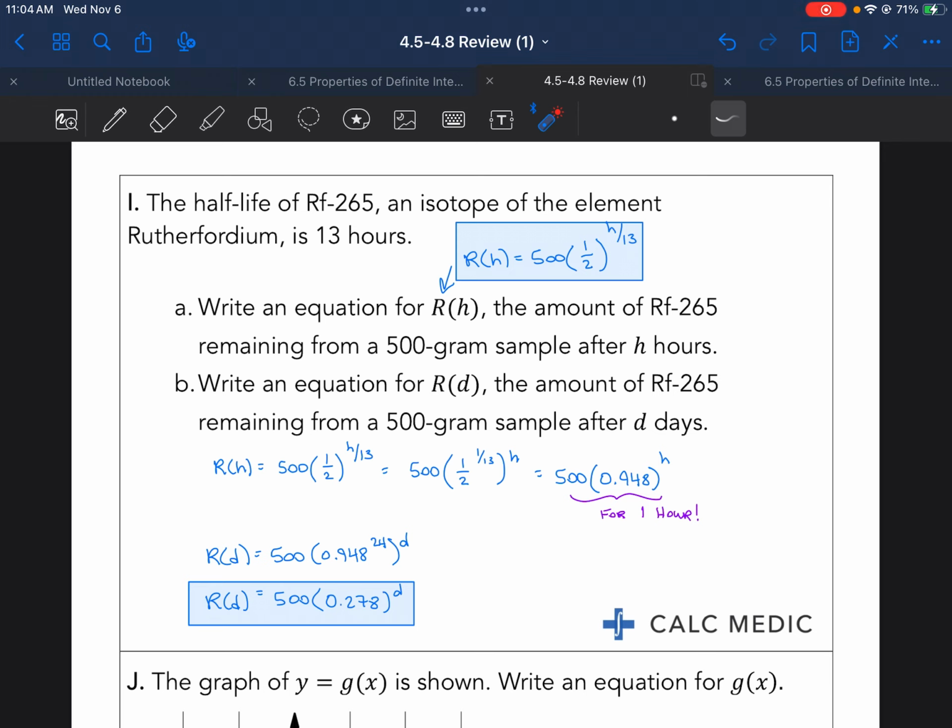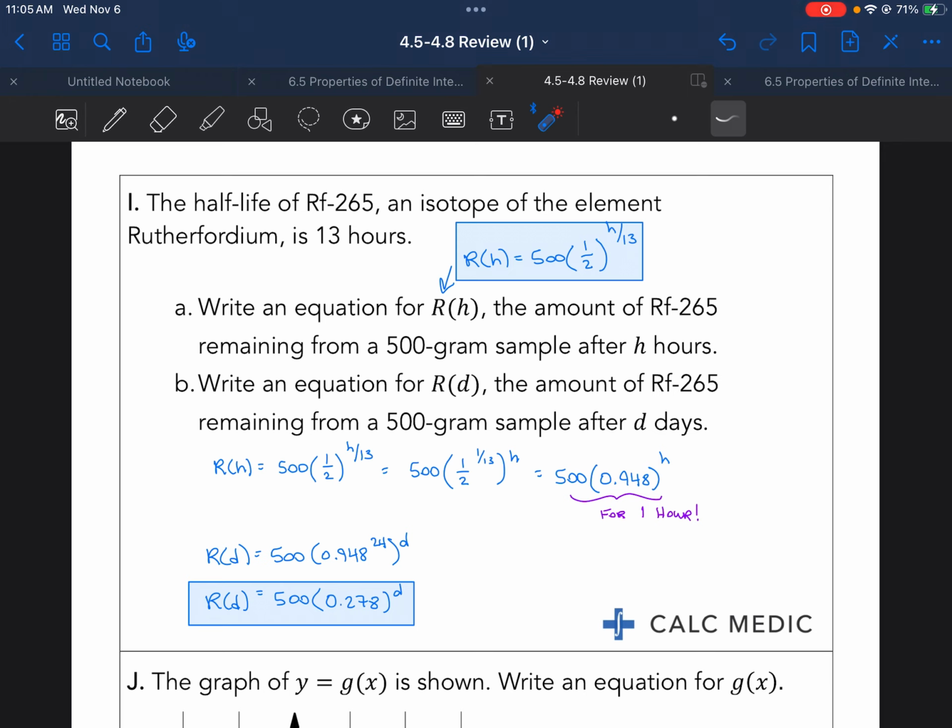Part B, write an equation for R of D, the amount of RF-265 remaining from a 500-gram sample after D days. So what I did, I took my function from part A, which is for every half-life, every 13 hours, and I went ahead and used exponent rules.